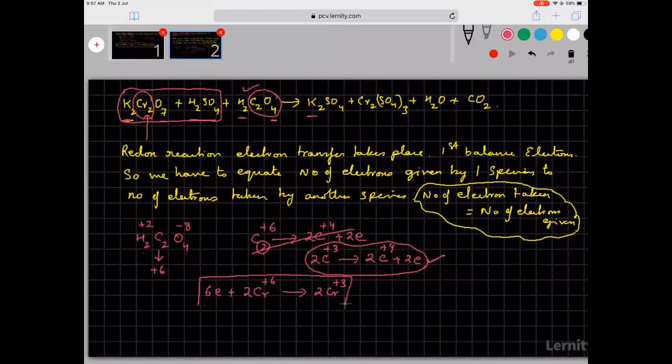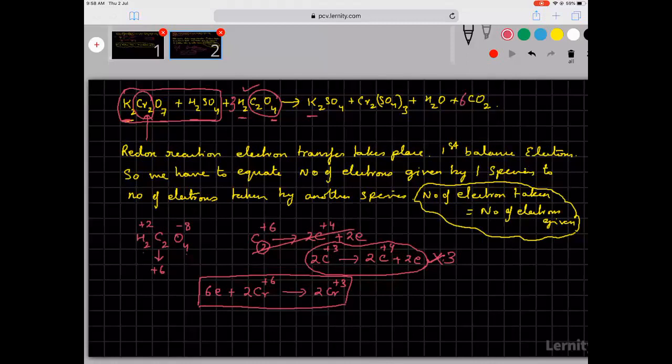How is this possible? This is possible if there are 3 of this kind for one of that kind. So I multiplied this by 3. I'll have 3 C2s, and because I put 3 here, I will put 6 here. So the carbons are balanced. Chromiums are already balanced.